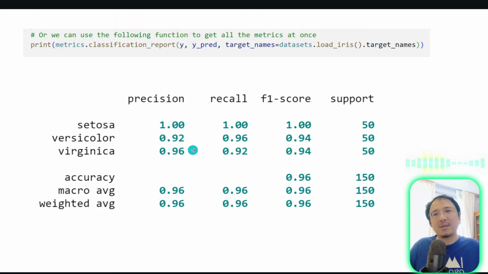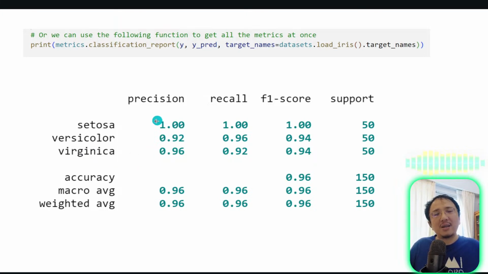But the weighted average is just the average of these three numbers. Because we have balanced data, these two are going to be the same. And if you consider it carefully, what is B1 plus B2 plus B3? B1 is every sample that is predicted as Setosa, and every sample predicted as Versicolor, and every sample predicted as Virginica.